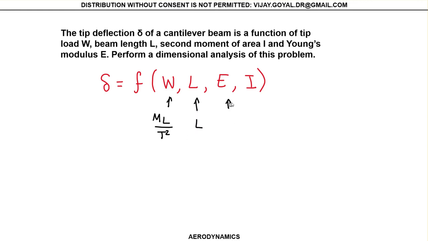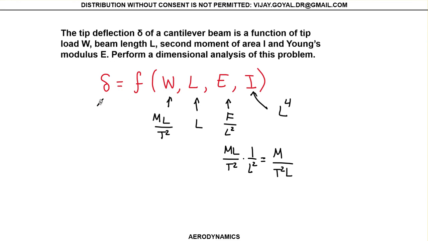We know E is force over length squared, but we know that force is mass times length over t squared, times 1 over L squared. So that would be mass times length over t squared, over L. We know I is L to the 4th power, okay?